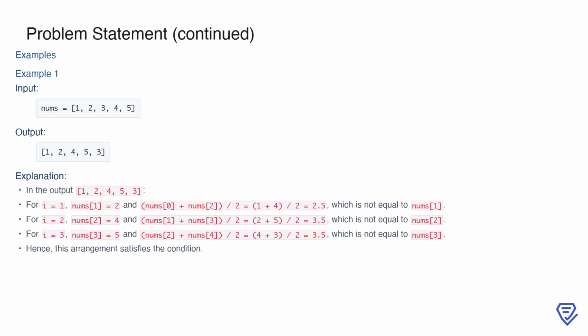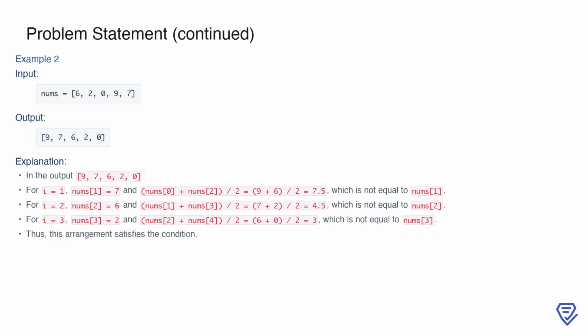The average of its neighbors, (nums[1] + nums[3])/2, is (2 + 5)/2 equals 3.5, which is not equal to 4. Similarly, for index i equals 3, the value at nums[3] is 5, and the average of its neighbors is (4 + 3)/2 equals 3.5, which is not equal to 5. Since this arrangement satisfies the condition for all valid indices, it is a valid output.